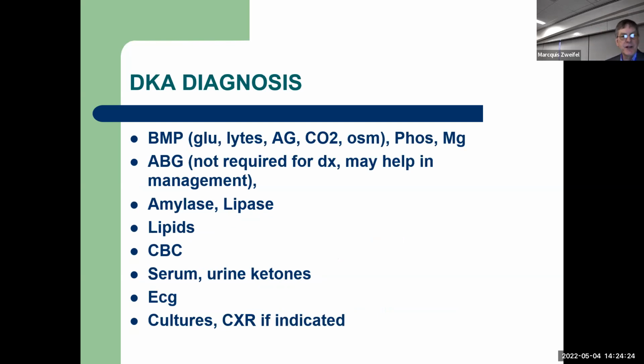The electrolytes, anion gap, CO2, ketones. Those are the three biggies, right? So I've seen anion gap with normal CO2s, okay? And you can have some ketones.